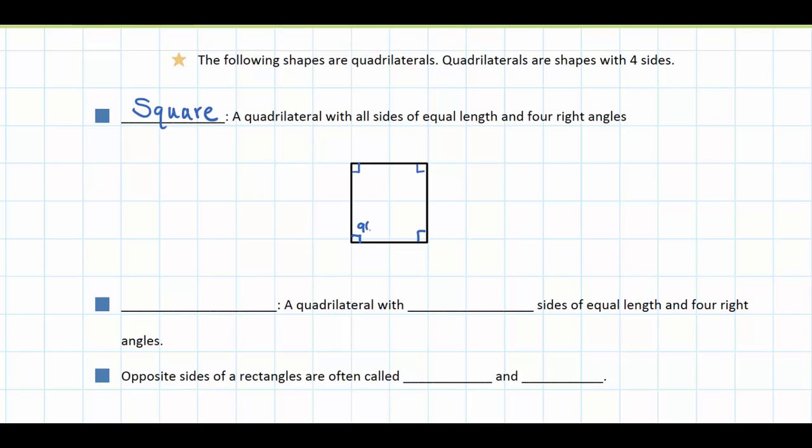Right angles are 90 degrees. So this side is the same length as this side, is the same length as this side, is the same length as this side. And we're just going to call them S. So S equals S equals S equals S. They're all the same length for a square.